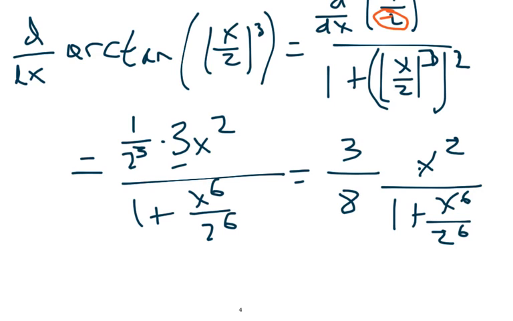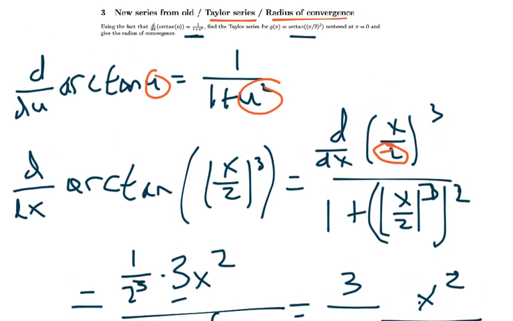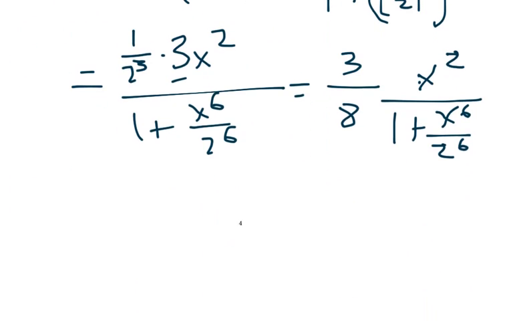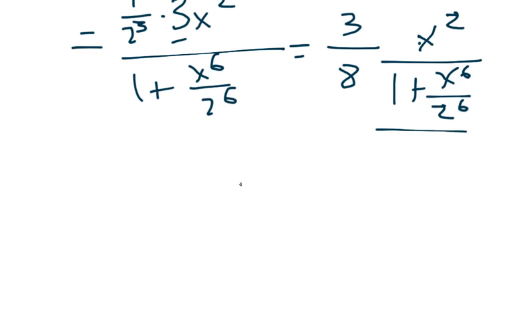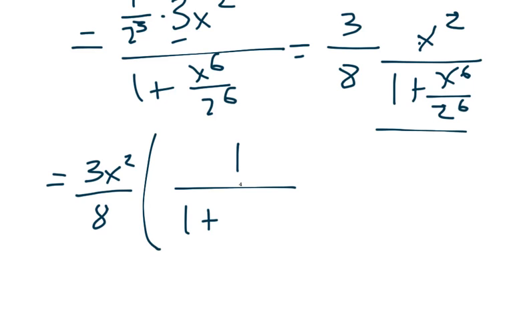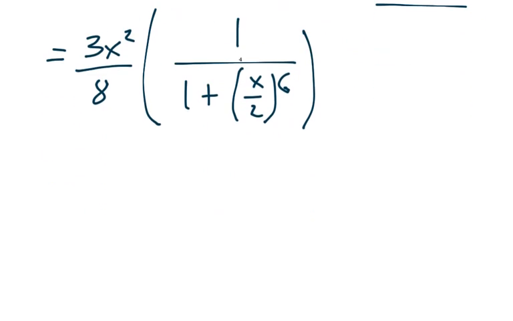Okay, so what do I know? I know the series for something that looks like 1 over 1 plus something else. So I'm going to write this as 3x squared over 8, and I'm going to look at this term on its own, 1 plus (x over 2) to the 6th, and then compare. If you don't know this, I would recommend writing it down.